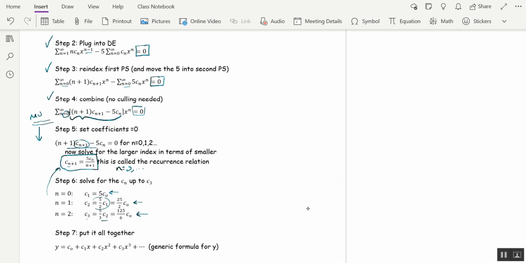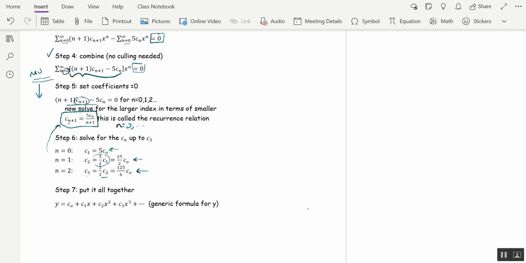And that's why it's called a recurrence relation. And so now what I do is I plug all those into the information I have. I'm assuming that y is this power series. This is just my generic formula for a power series centered at 0. But now I can replace those c's with what I know. So y equals c naught, which is just c naught. Don't know anything about that. But I do know c1 is 5c naught, and that's times x.